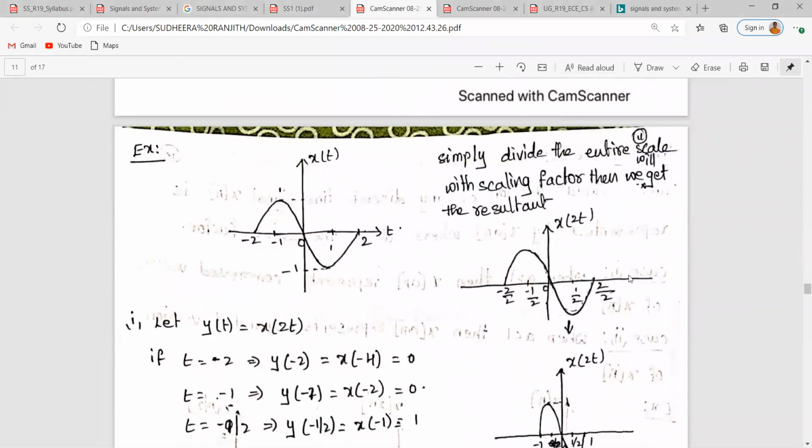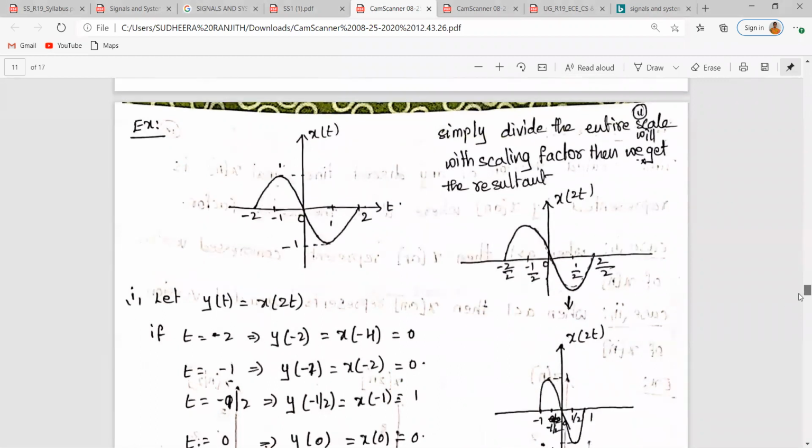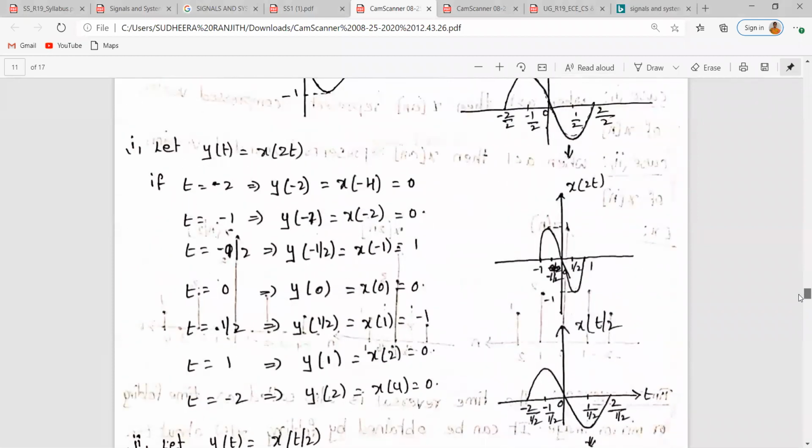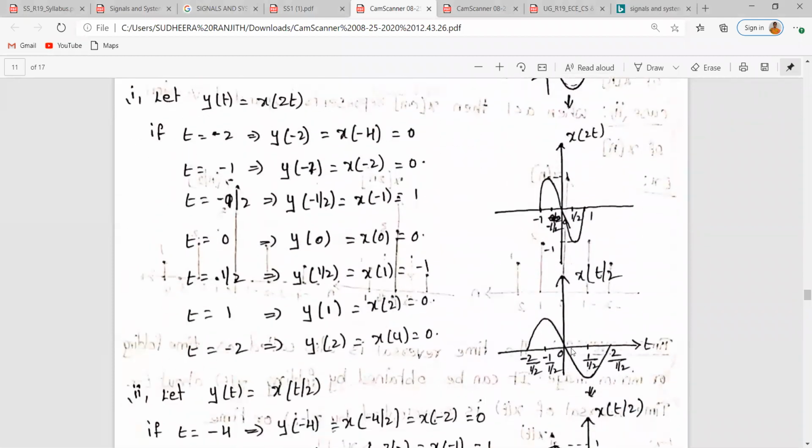So let us see one example. Here x of t is defined from -2 to +2, and we would like to find x of 2t. Let us consider y of t is equal to x of 2t, and let us substitute different values of t in this.